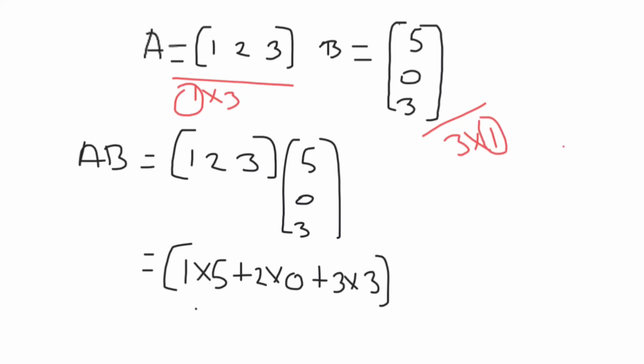So it is our 1 by 1 matrix here. So after simplification, it will be equal to 5 plus 0 plus 9, and it will be equal to 5 plus 9, 14. Only a single element, which is a 1 by 1 matrix.